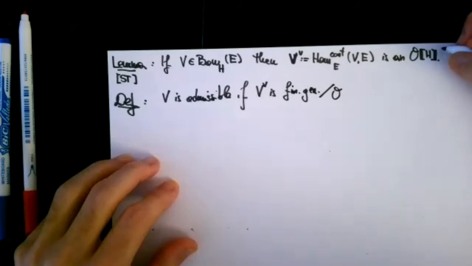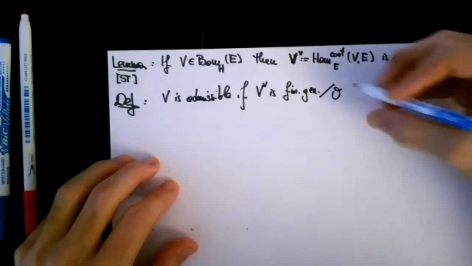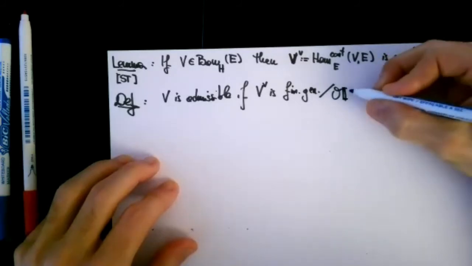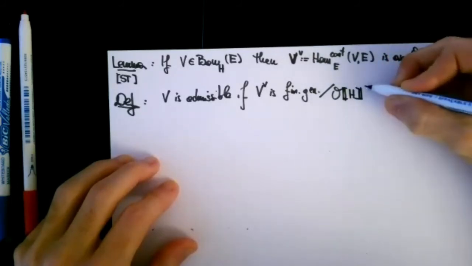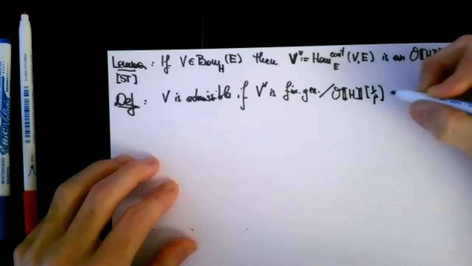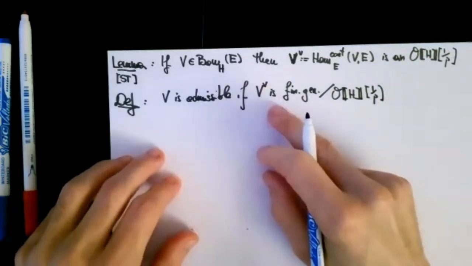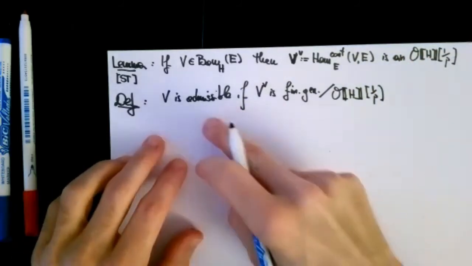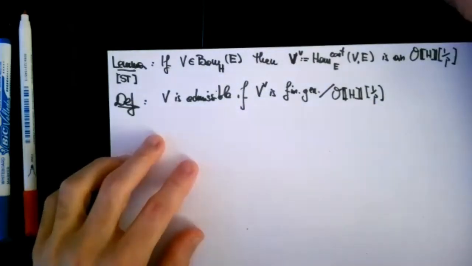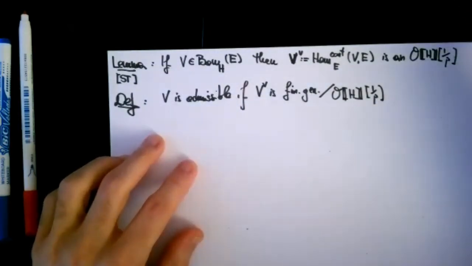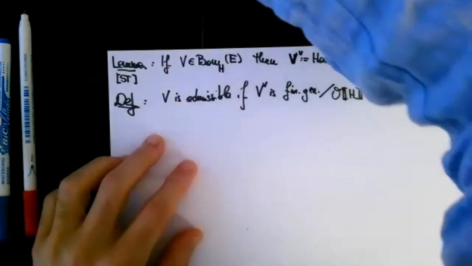In fact, this is a module over here, I have to invert p. If it is finitely generated over O_H where I invert p, this is equivalent to the fact that there is a lattice such that the mod p reduction is an admissible smooth representation with F_p coefficients in the usual sense.